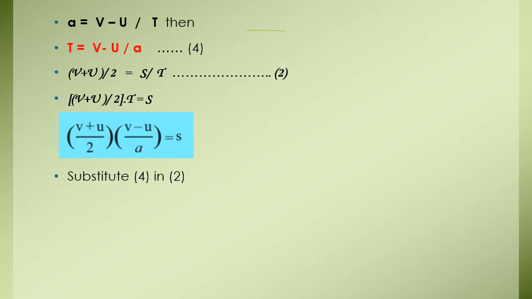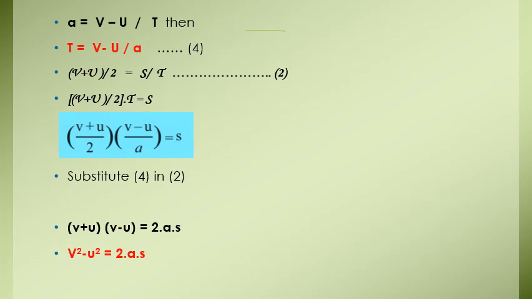So if you multiply these two, (a plus b) into (a minus b) is a square minus b square. So v square minus u square is equal to 2as, is the required third equation of motion. That is v square minus u square is equal to 2as.